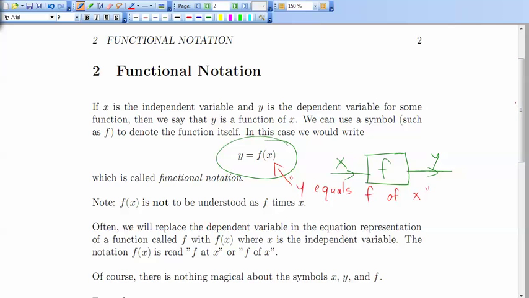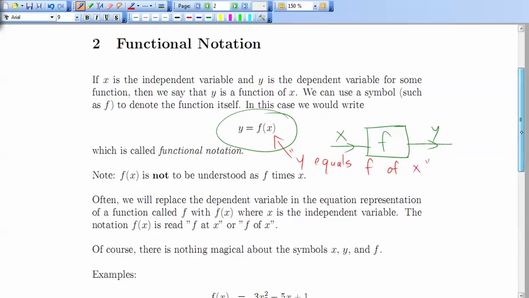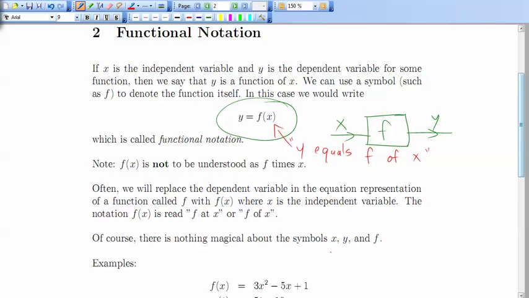Okay? Now, there is absolutely nothing magical about the symbols x, y, or f. We could use A, B, and happy face instead. Okay? So nothing at all special. They're just kind of traditional, but you should use whatever variables make the most sense and will remind you of the varying quantities that underlie them, and the relationship between them.